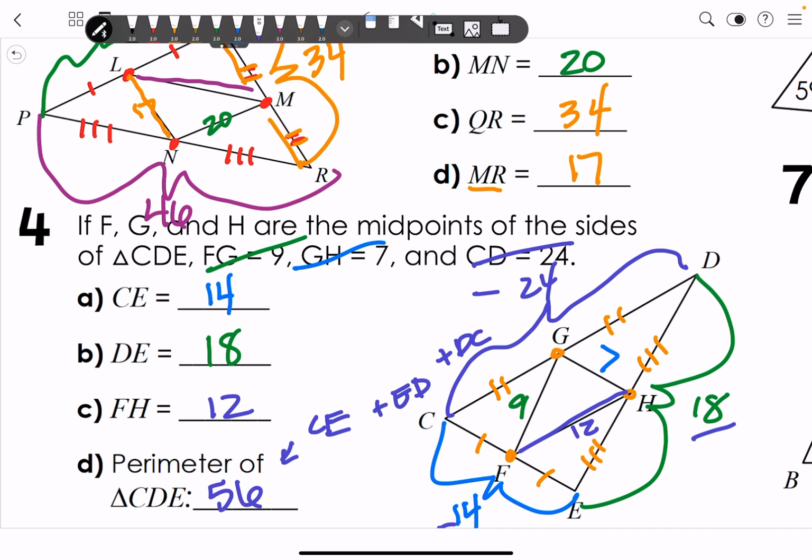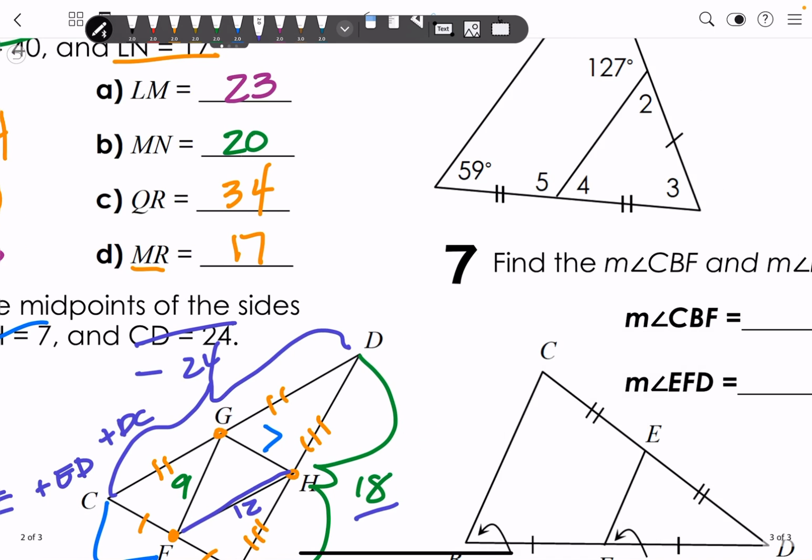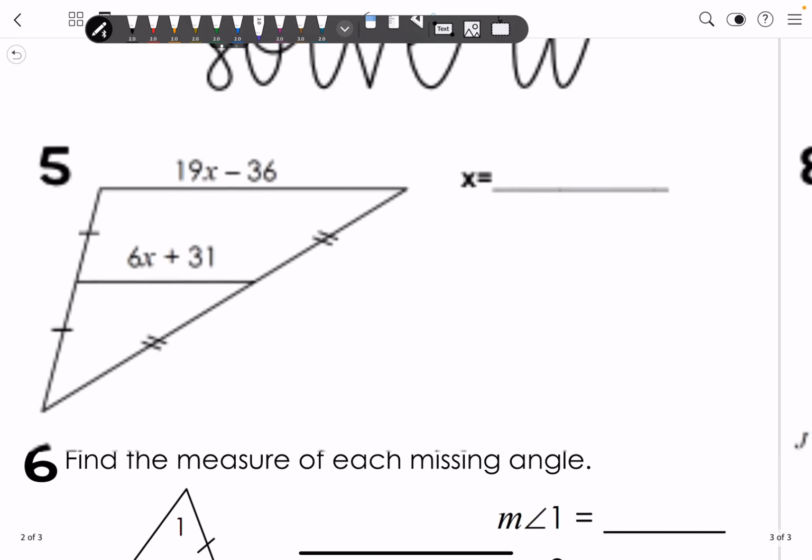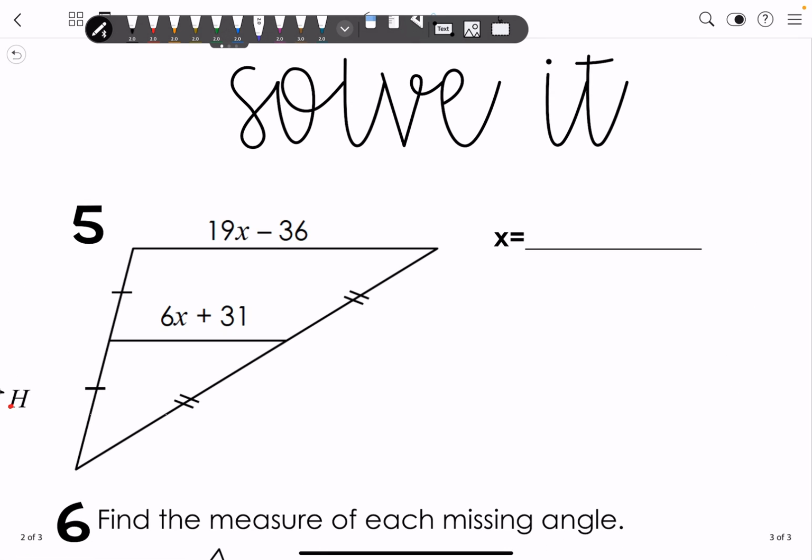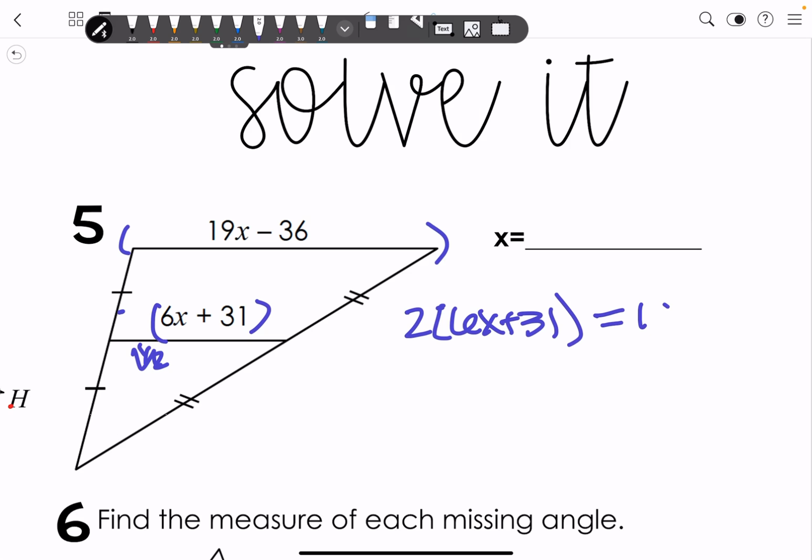All right, now that you're able to identify them, we are going to solve it. This time, no proving. I know, you guys are all so excited. You'll want to remember that this part right here is half as long as this entire thing, meaning 2 of the 6x plus 31 is going to be the same thing as the 19x minus 36.